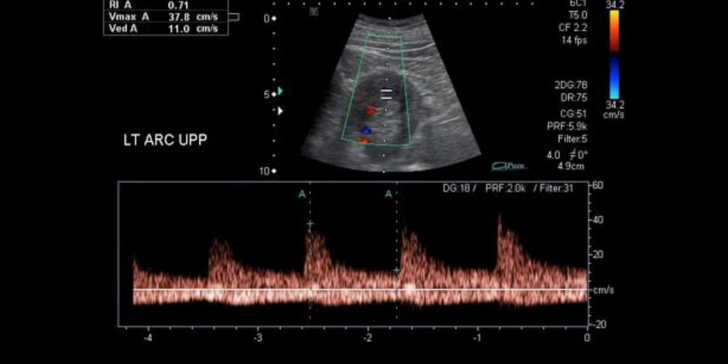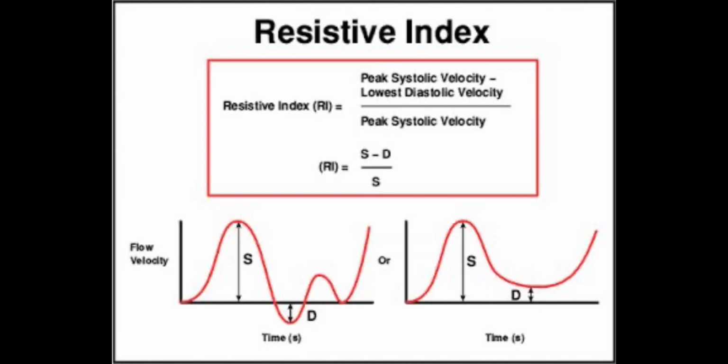The resistive index actually measures the resistance of the renal arterial flow to the kidney.